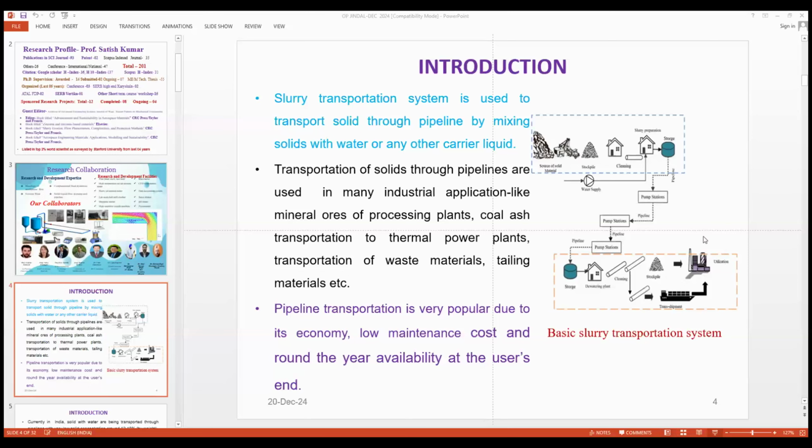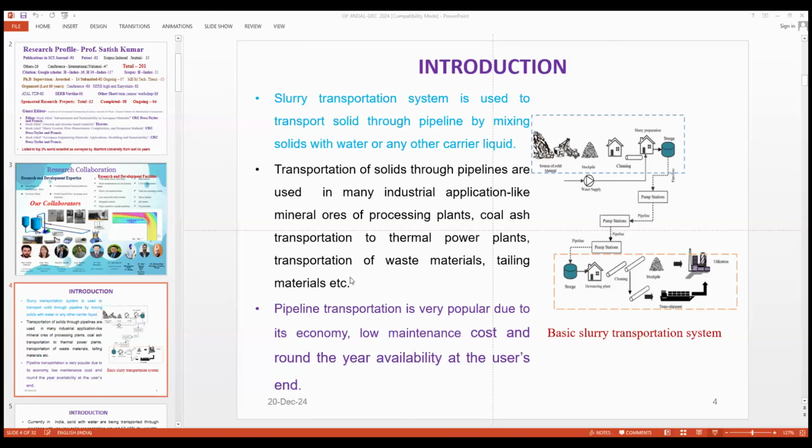Oh, sorry. So I have very limited time. So in this work, what is the problem? I have taken the problem of the thermal power plant. Currently, in thermal power plants, as we know, we are burning coal, and after burning, it produces a lot of ash.